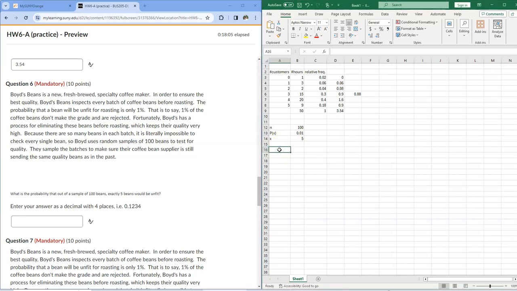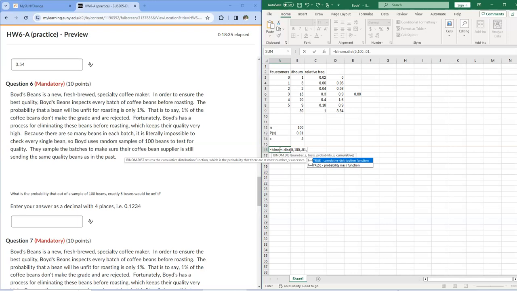So I'm going to use the binomial distribution, because this is a binomial problem. And I'm going to enter 5 as the number of beans I'm looking for. Let me just get an equals there. Binom.dist. 5 is the number that I'm looking for. The number of trials is 100. The probability of it being bad is 0.01.